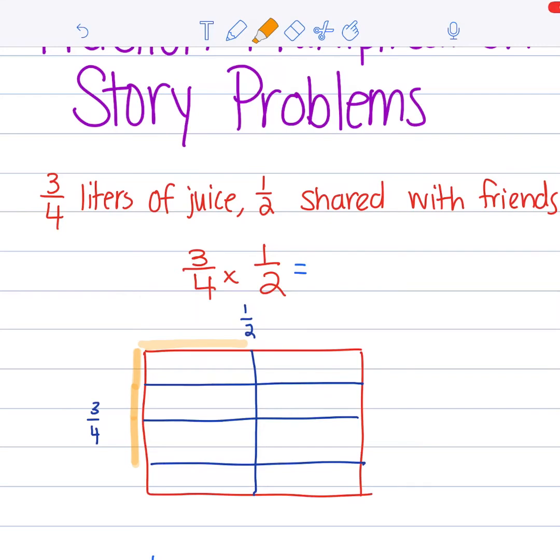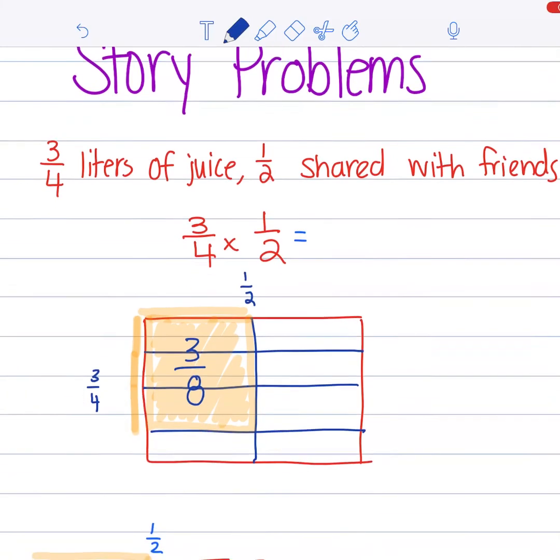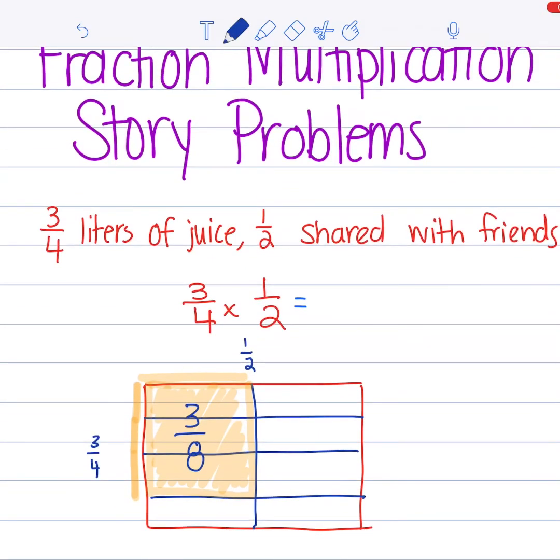So this would be my rectangular array, right? So 3 out of 8 total, or 3/8, is how much was consumed, right? So 3/4 times 1/2 is 3/8.